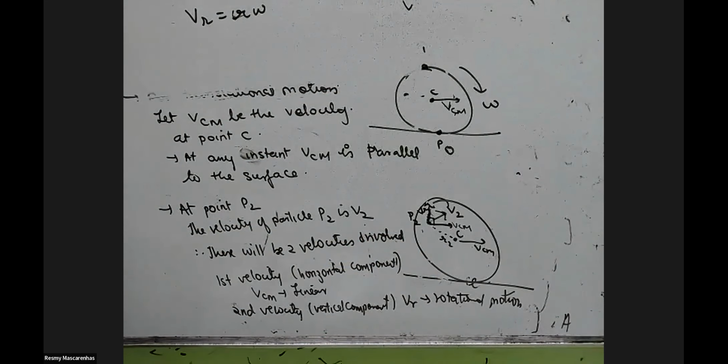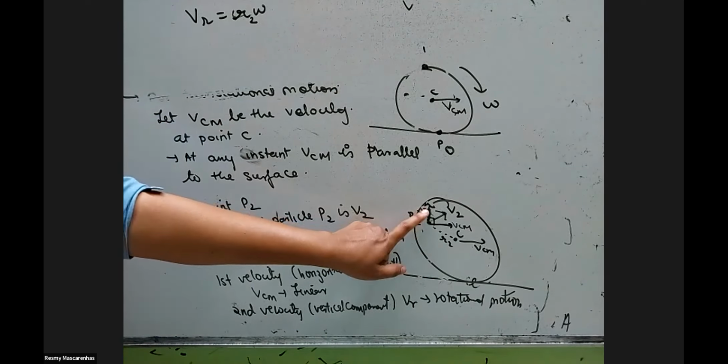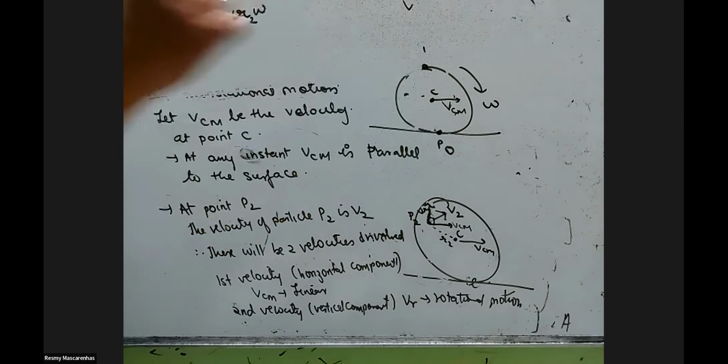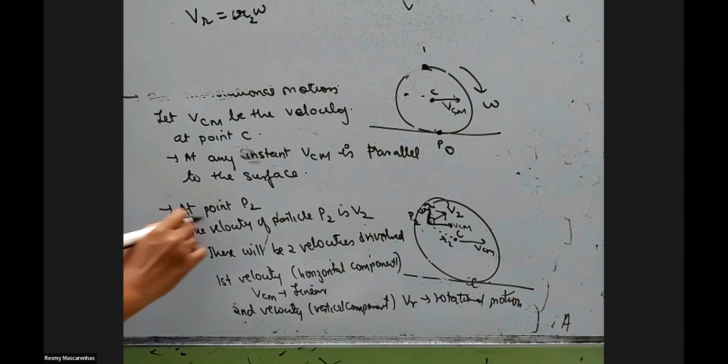If you use the letter r2, you can write it as r2 omega. So at this point there are two velocities. We are done with point 2.